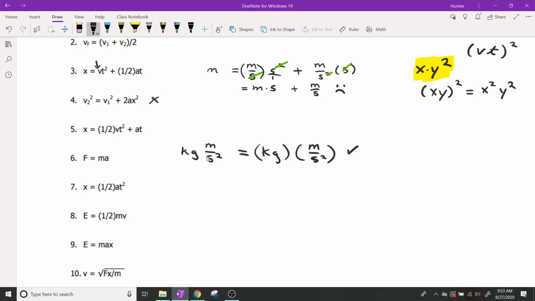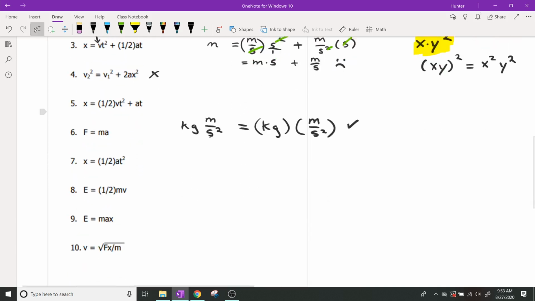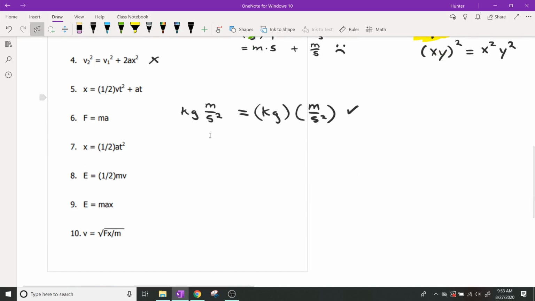Anything else? Yeah, energy. I think that's one of the questions that the digital people had too, was like what is E? We didn't even talk about that in the video. And I did not, I'm sorry. Yeah, E stands for energy, and energy is measured in kilogram meters squared per second squared.